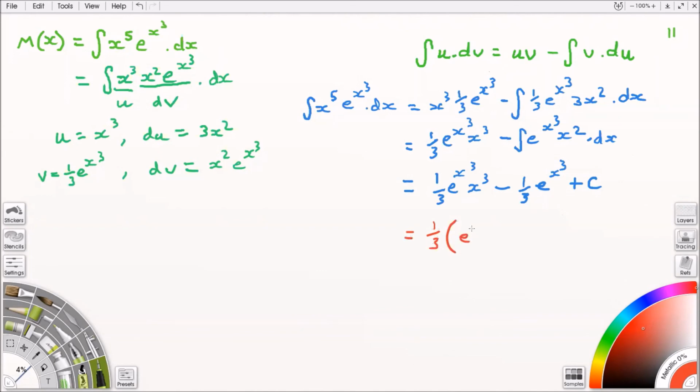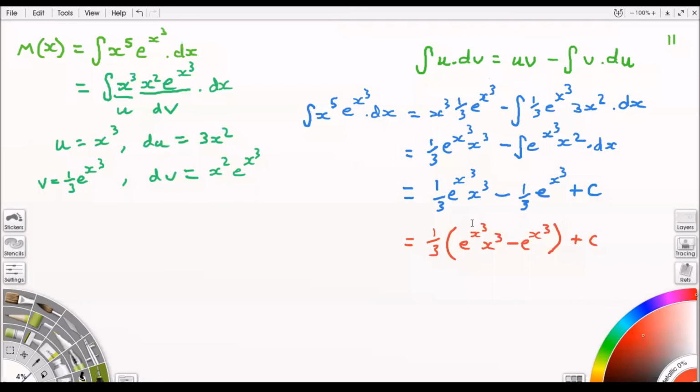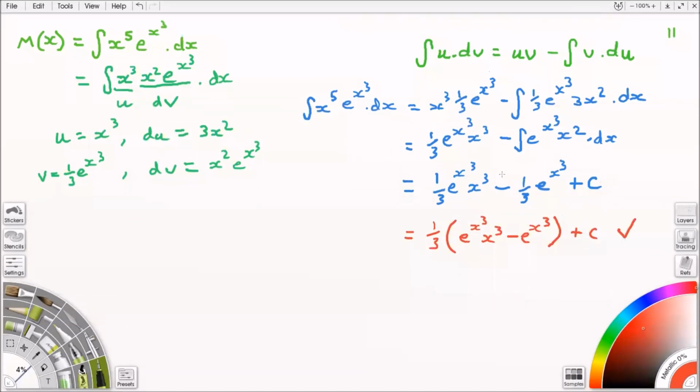We have e to the x cubed times x cubed minus e to the x cubed. Let's see. I'm going to go back quickly. Yep, so this is what they got. And I just brought the 1/3 out as well. So both of these are right, it's just that this is further simplified.